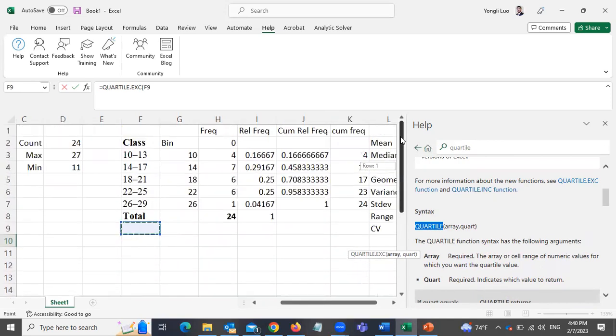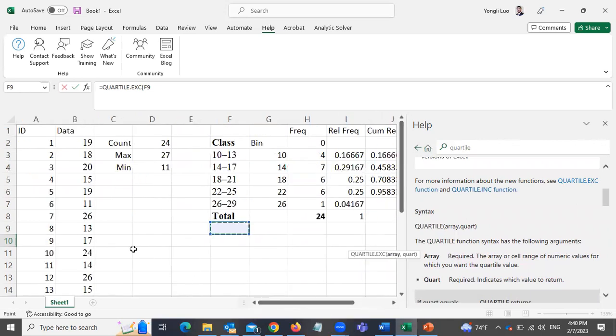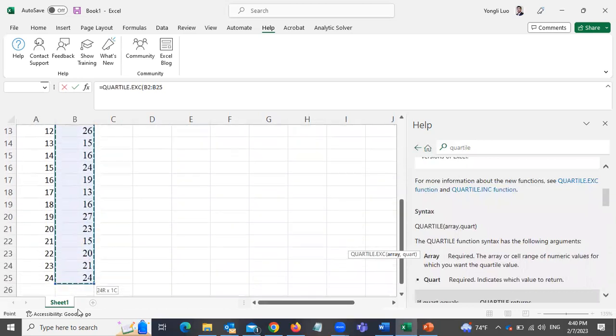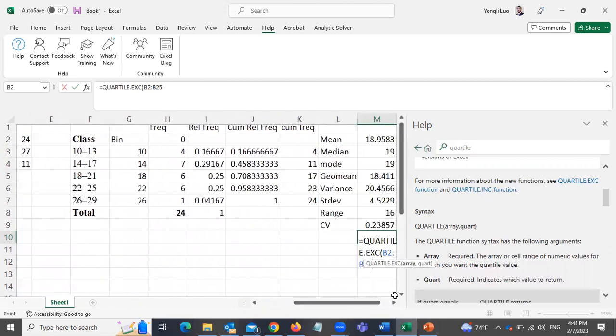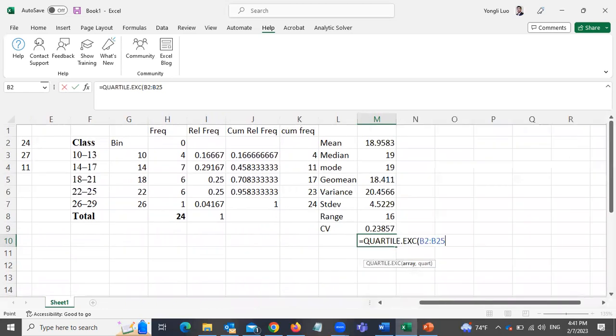Then you select the first quantile, like comma 1, that's the first quantile, 25%.